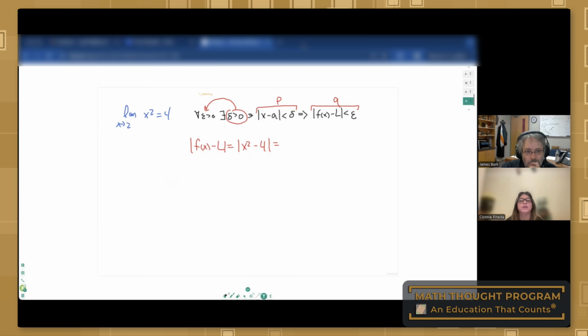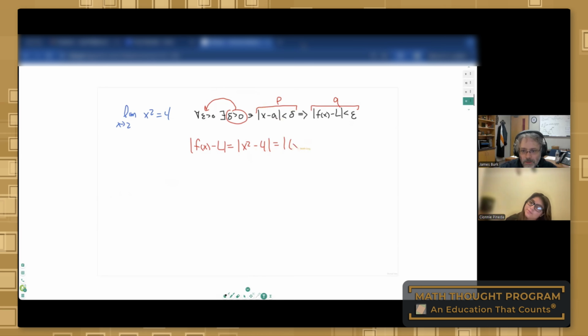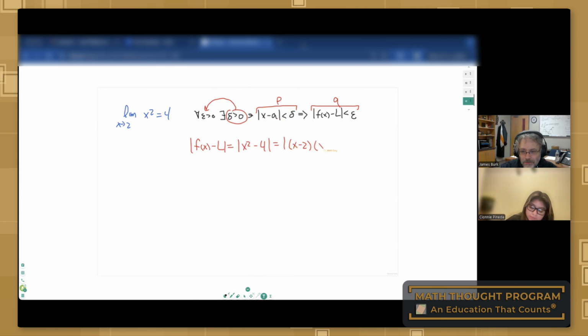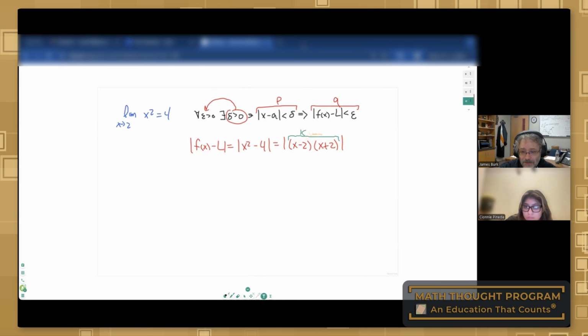It also can be written as x minus 2 times x plus 2. Right. It's real obvious when you see the difference of squares so you can factor it. And oftentimes in these problems, this is the key.